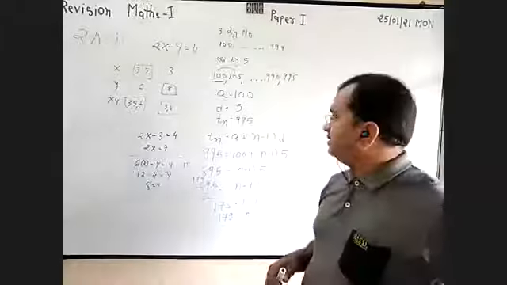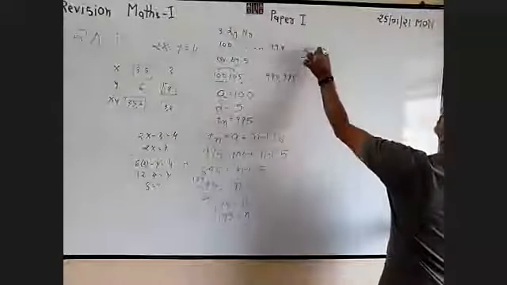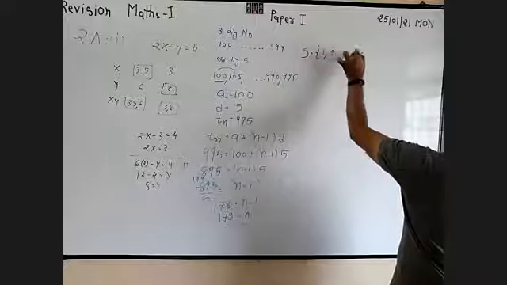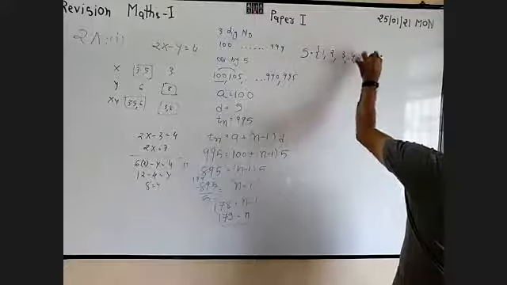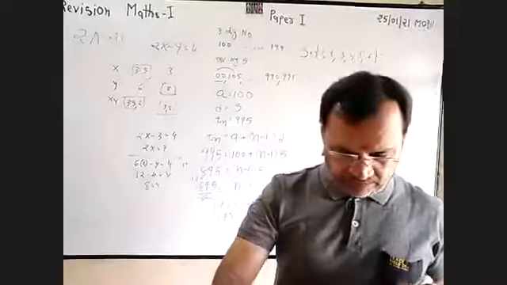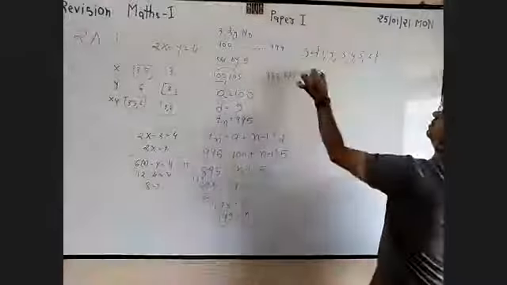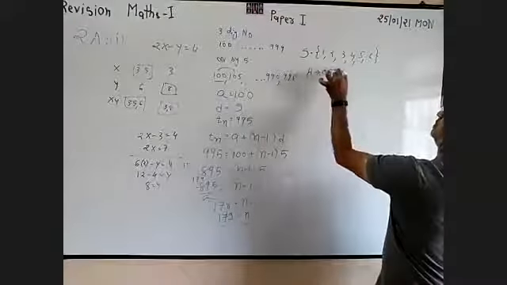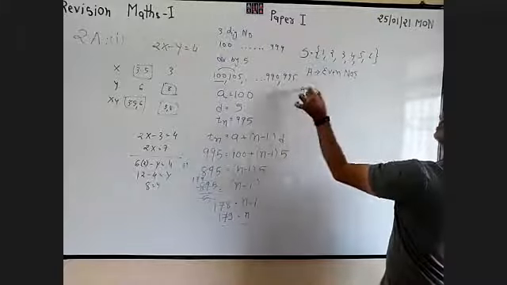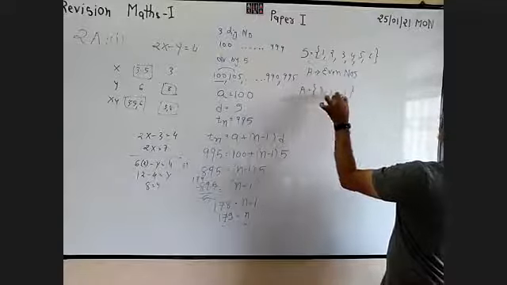A single die is rolled. Single die. So 1, 2, 3, 4, 5, 6. Now our outcome A is for even number. Even 2, 4, 6.